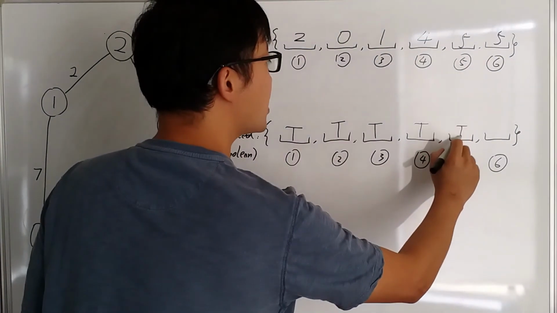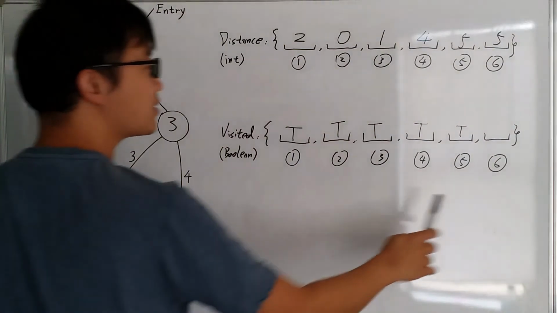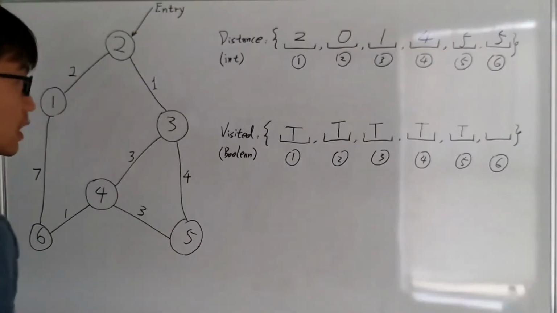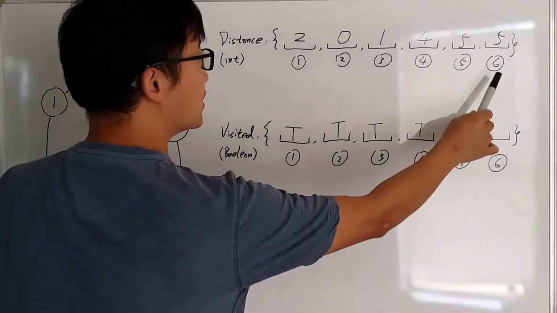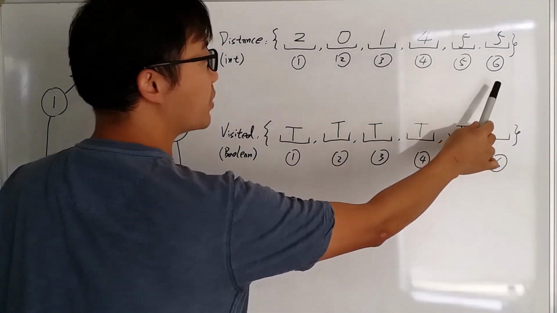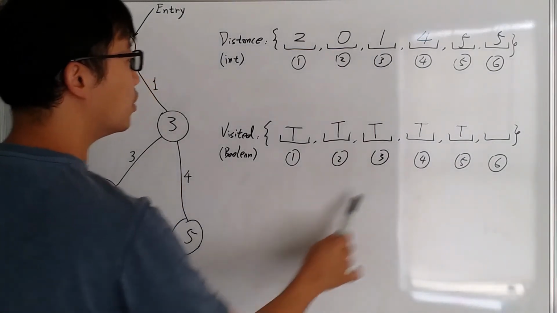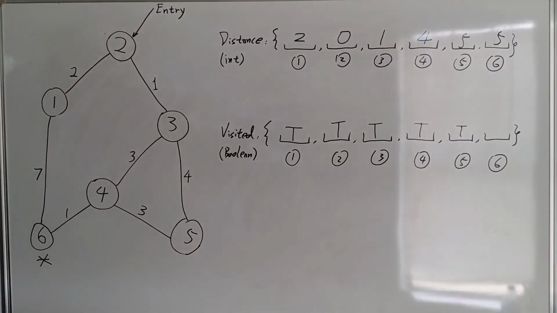So 5 is checked, and also we have one last point, which is node 6. There's nothing to compare. We move our star here. Just like before, the neighbors for node 6 are 4 and 1. 4 and 1 are already checked, so there's nothing to do for node 6.